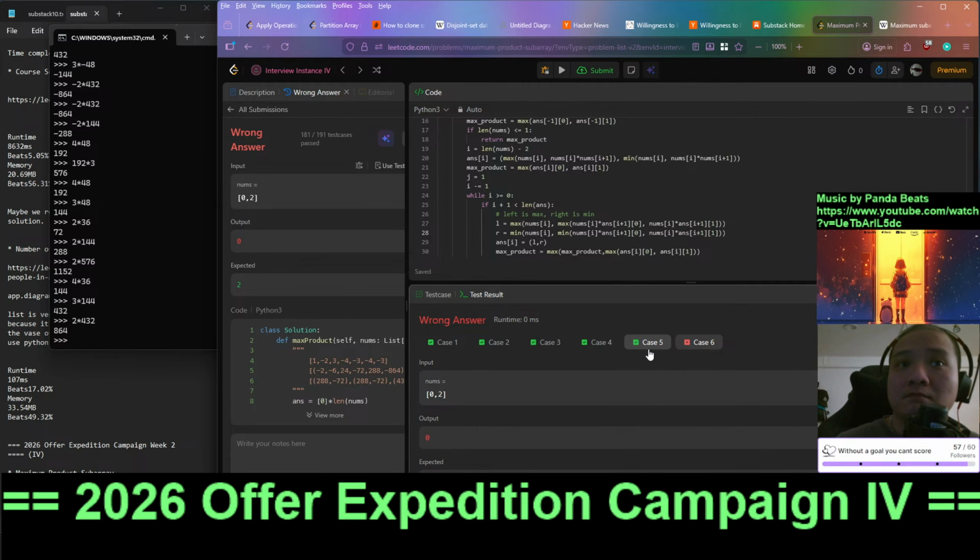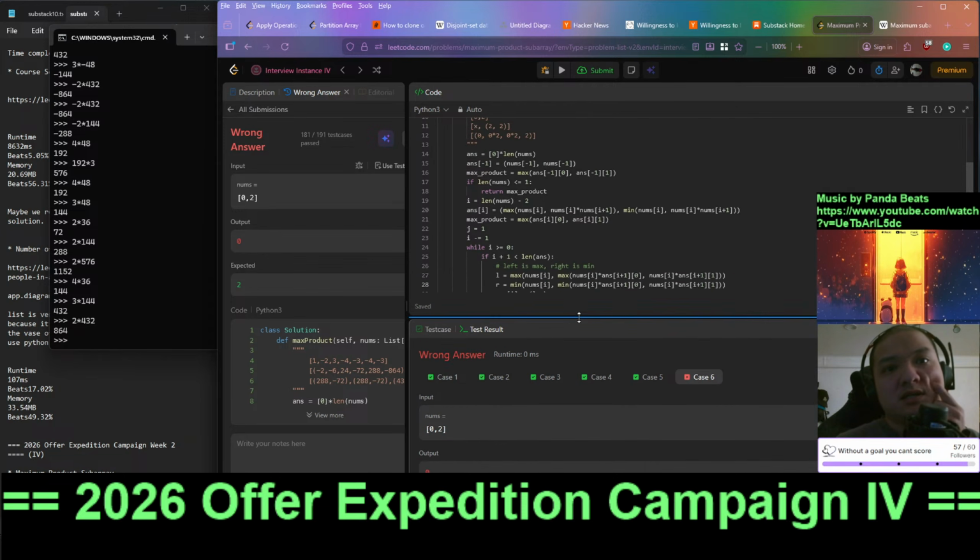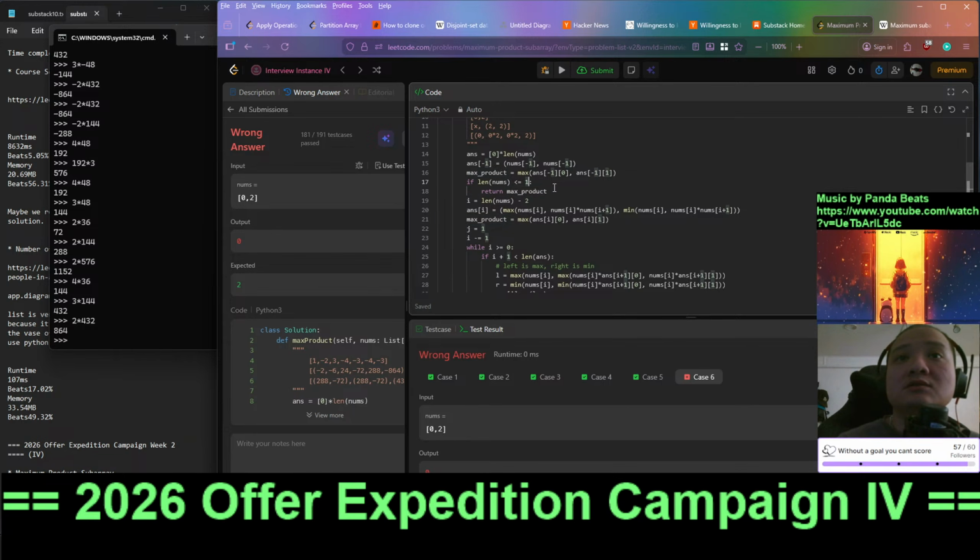Right. So let's just say that if the number of elements is 2. Right, so maybe this. Oh wait, hold on. Right, so this should be the number here, and see what happens.